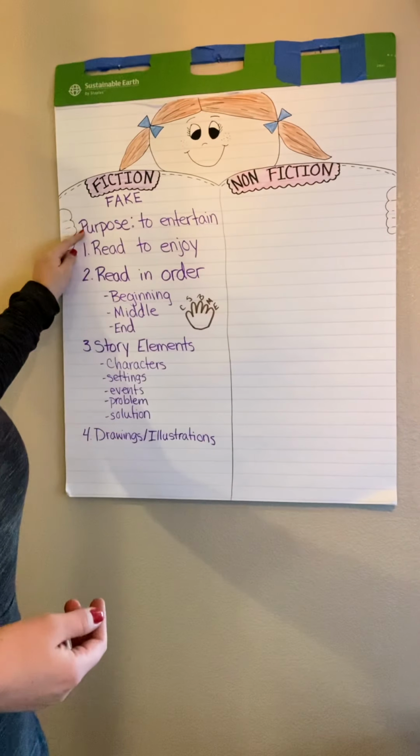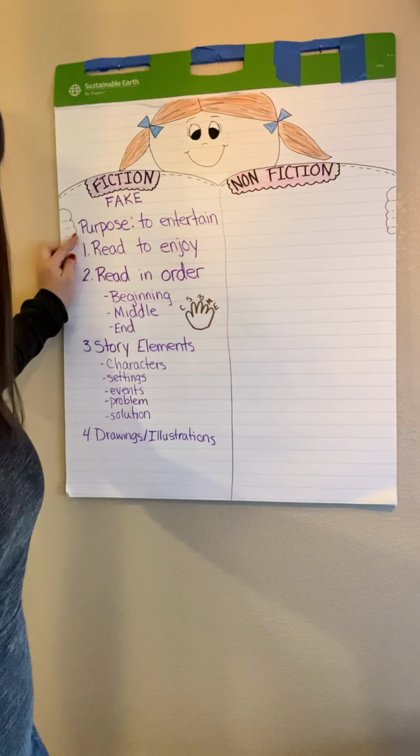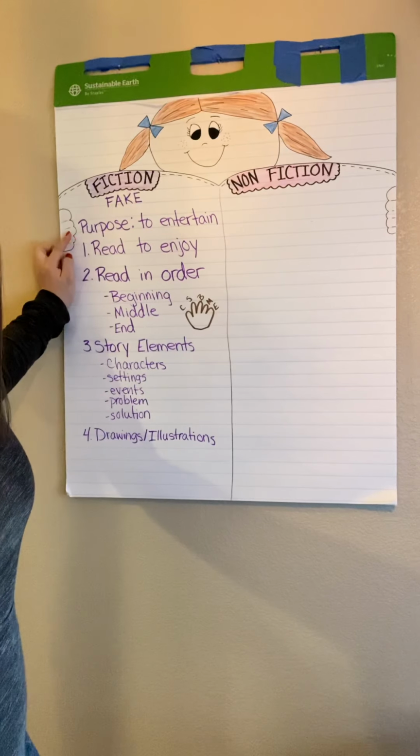Your job today is to, in Raz Kids, on your level, whatever level you're at, choose any fiction book that you want to read, okay? You get to choose which fiction book you want to read, because then it's at your level. Then in Seesaw, you're going to do the assignment where you're going to tell us what fiction book you read and why or how you knew it was fiction. So you would tell us, I know it's fiction because it's a book that I read to entertain.